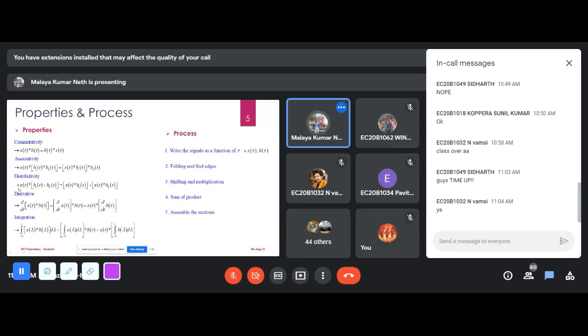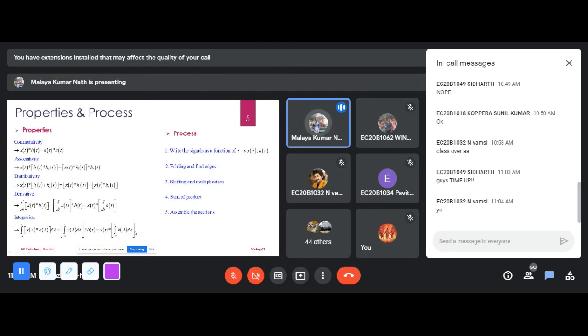Similarly, this derivative property can also be represented for integration. Integration from minus infinity to t of x(lambda) convolution with h(lambda) d lambda gives the integral from minus infinity to t of x(lambda) d lambda convolution with h(t), which is the same as x(t) convolution with the integral from minus infinity to t of h(lambda) d lambda.